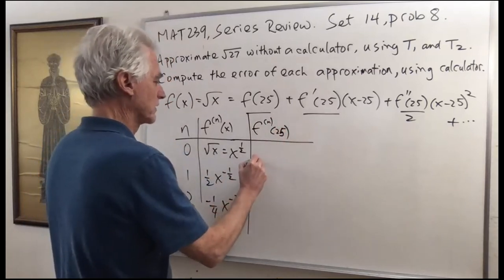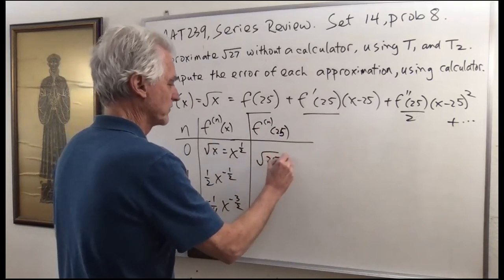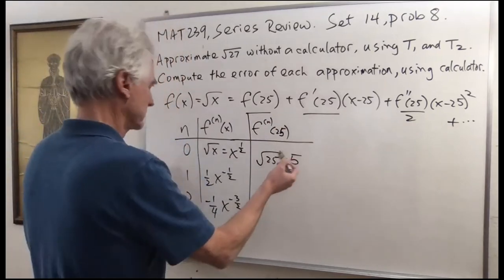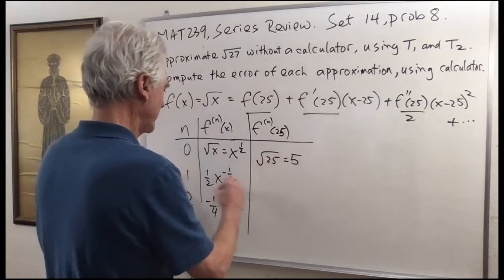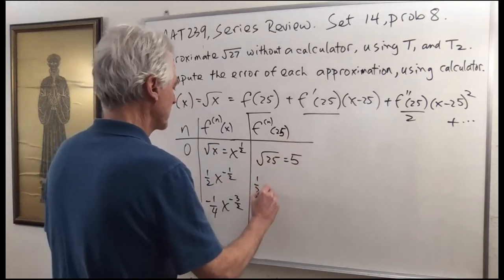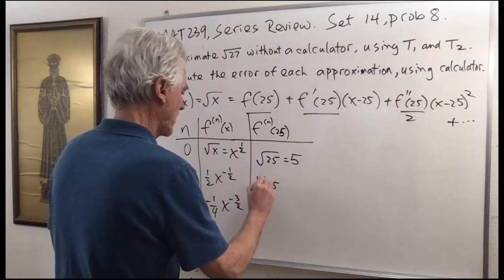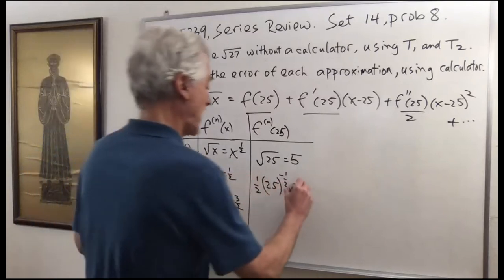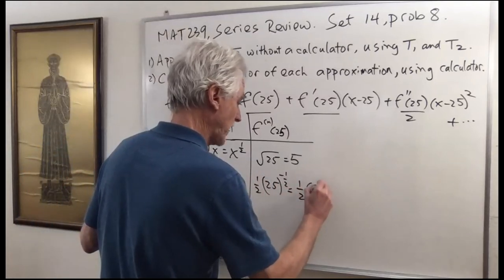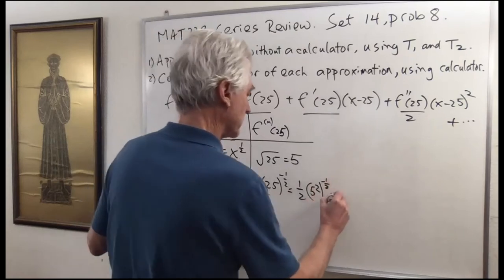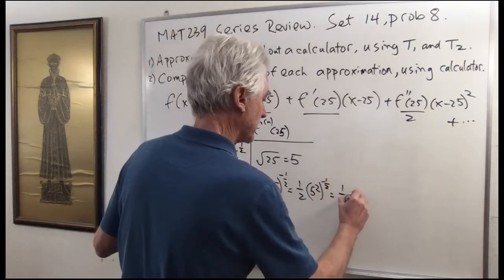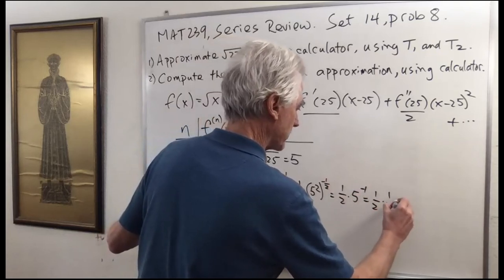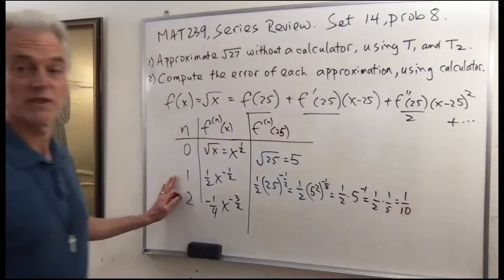Okay, so here we have square root of 25, which is 5. That's the first number, and then we have a half times 25 to the minus a half. It's kind of useful if I write that as a half times 5 squared to the minus a half, because then that's a half times 5 to the minus 1, or a half times a fifth, which is a tenth.